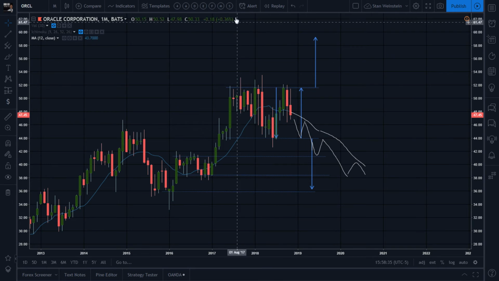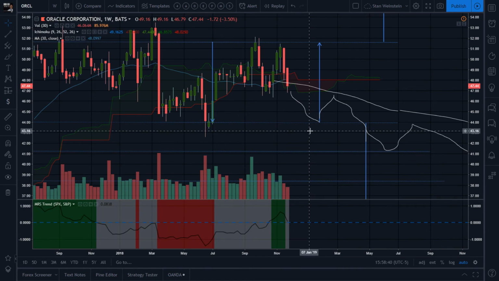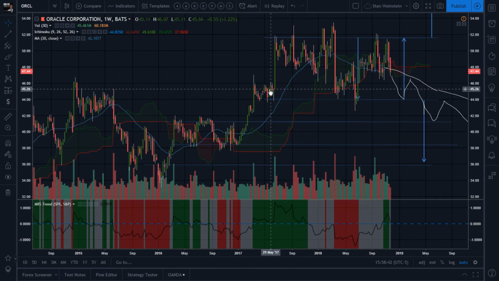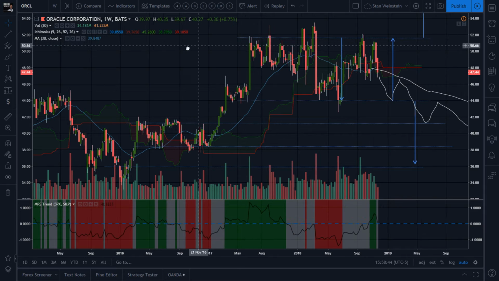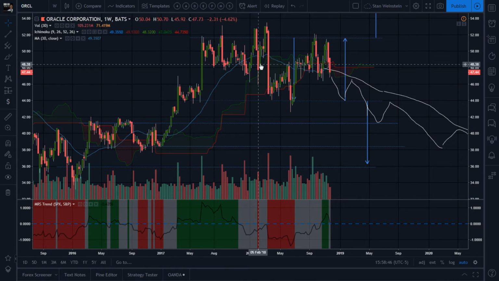All right, Oracle, let's zoom in on the weekly. What is the weekly chart telling me? Oh man, look at the mess. Volatility increasing. False breakouts. If you didn't look at the monthly candle chart and have that monthly defined breakout line, you could have got whipsawed here.